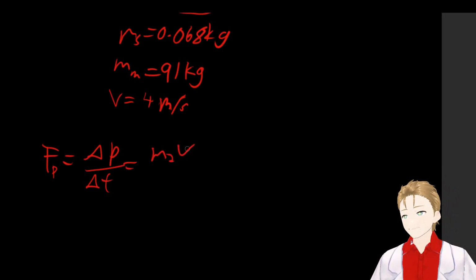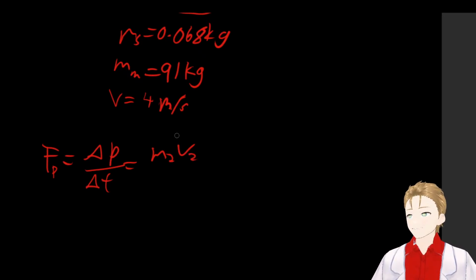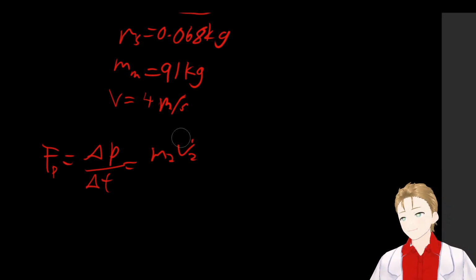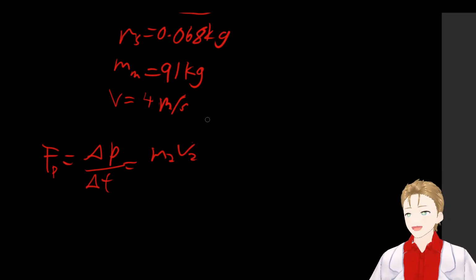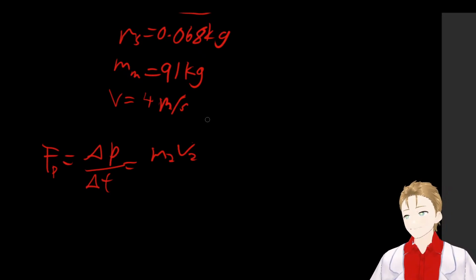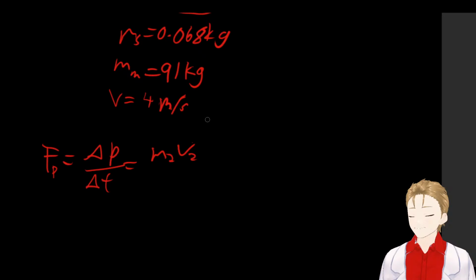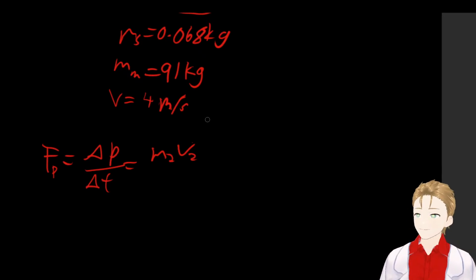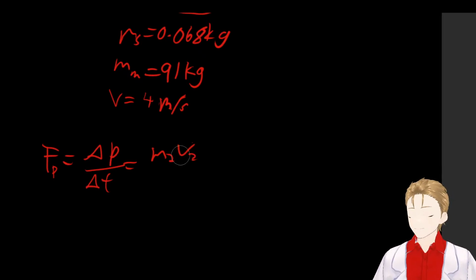mass 2, velocity 2. I mean, if we're working with velocities, it's supposed to be velocity. But with speed, we're still in a positive direction pushing it, so we can just ignore the vector sign.